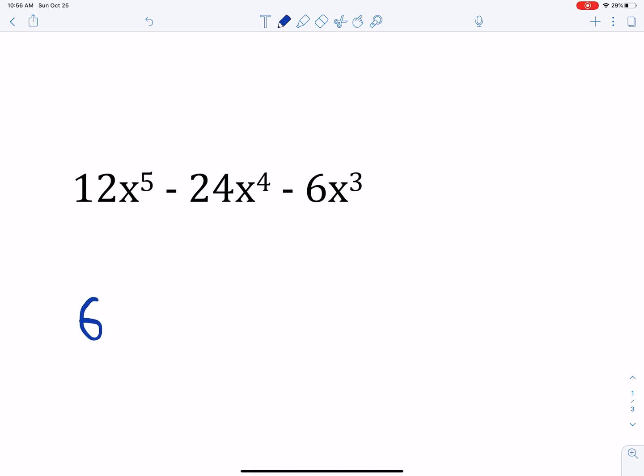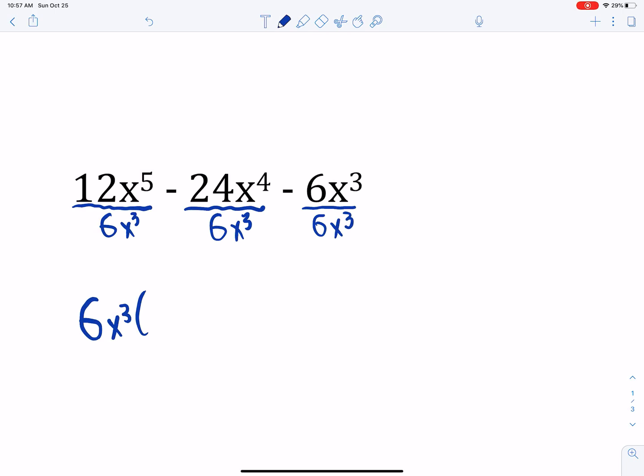Next, looking at the variables, x to the fifth, x to the fourth, and x to the third. There's an x in every term. We factor out the smallest power of the variable, which is x to the third. So to see what's left, whoops, that should be a 3. We're going to divide each of these terms by our greatest common factor that we're factoring out, 6x to the third.